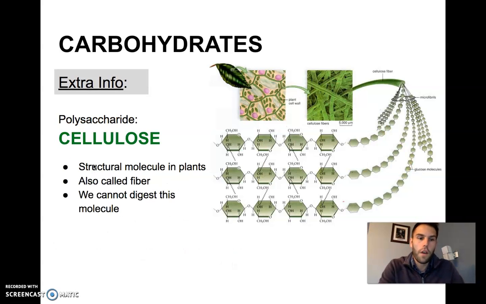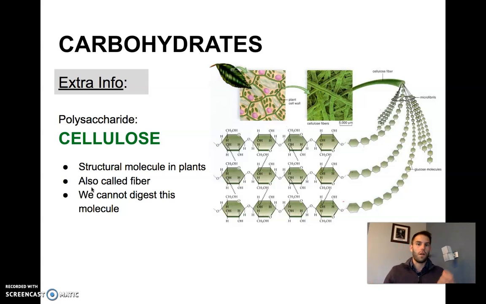So then there's one other type of important polymer carbohydrate we want to talk about, one more important polysaccharide, and that is going to be cellulose. So if you are writing this down on paper, you are writing on cellulose. Cellulose, again, is just made up of glucose, but it's just chained together in a specific way. All right? It is the structure molecule of plants.